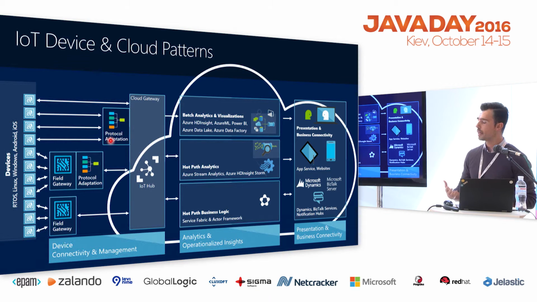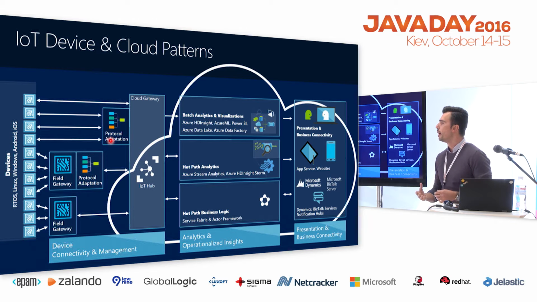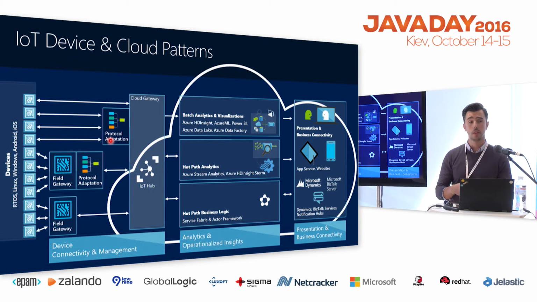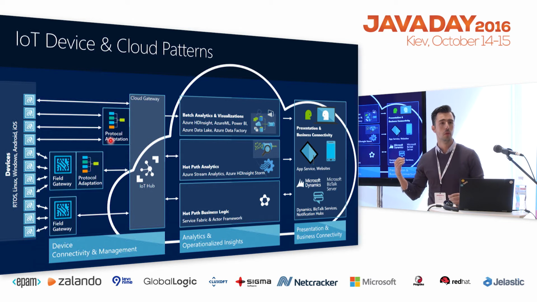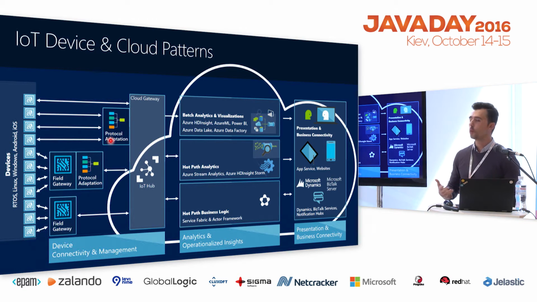The idea of the field gateway is that you connect your sensors to an IP-enabled device, which then connects to the internet. A good example would be a Raspberry Pi. You connect all the sensors to it, and it provides you with the IP capabilities to connect to the cloud.